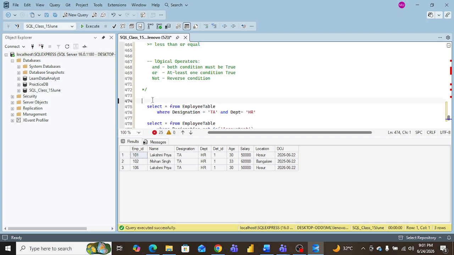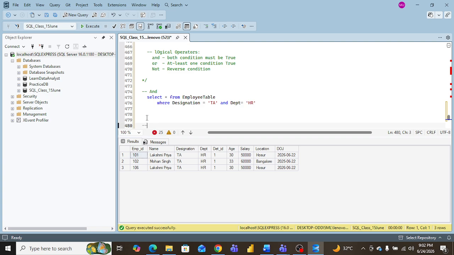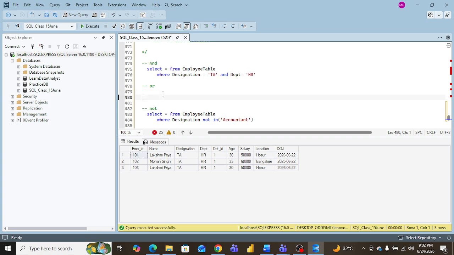Here is AND. Sorry. Now we have one condition. We now check the OR, right? How can you start this?